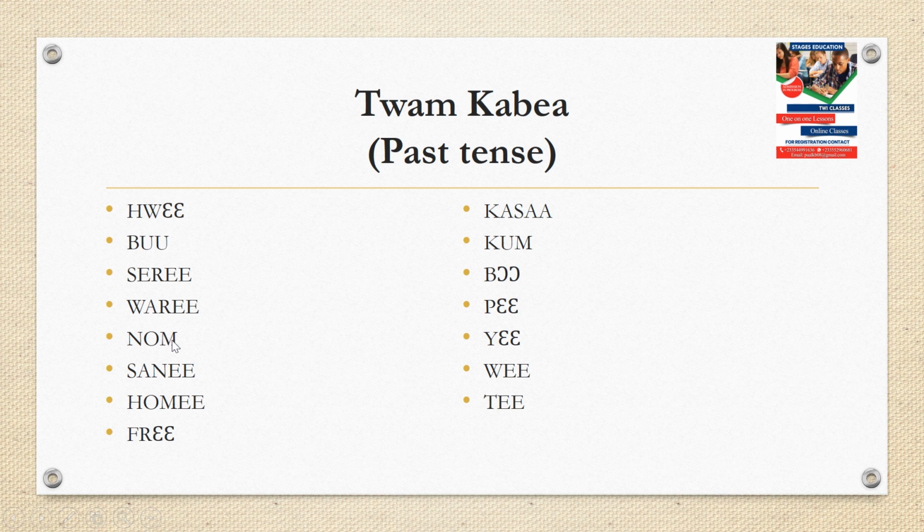But when it ends with a consonant, you leave it just as it is. So with this, we had hwɛɛ, buu, sree, waree, nom, sane, home, frɛɛ, kasa, kum, bɔɔ, pɛɛ, yɛɛ, ree, tee.